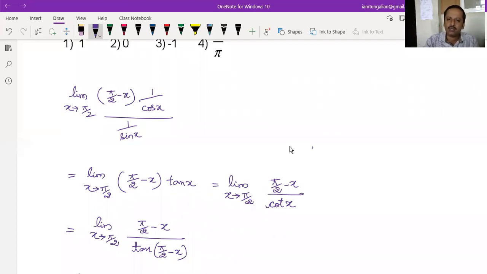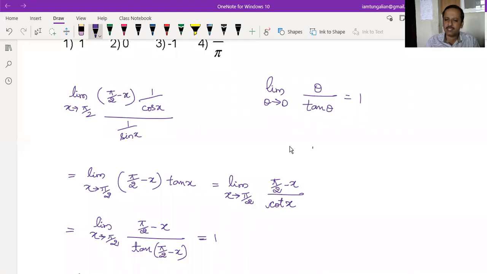So this is as good as limit theta tends to 0, theta divided by tan theta. Limit theta tends to 0, theta by tan theta is equal to 1. So in the same way, when x approaches pi by 2, pi by 2 minus x will approach 0. So this is of the form limit theta tends to 0, theta by tan theta. That is equal to 1. So limit x tends to pi by 2, pi by 2 minus x divided by tan pi by 2 minus x is equal to 1.